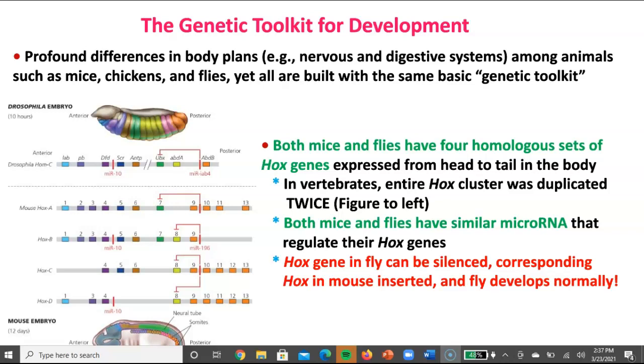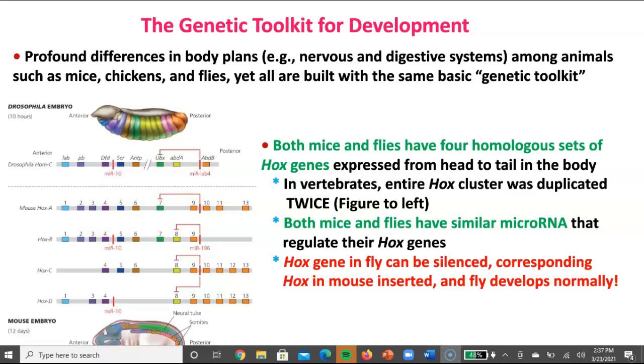So for example, both mice and flies have 4 homologous sets of Hox genes that are expressed from head to tail in the body. Now, in vertebrates, which of course mice are vertebrates, the entire Hox cluster was duplicated twice.